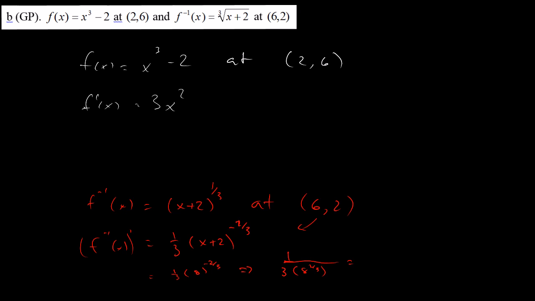It's going to be a number, and in fact if we plug in 2 here, we're going to get 2 squared, which equals 3 times 4, which equals 12. So I'm just going to go out on a limb and say this is 1/12. Hey, look at that. These are reciprocals.